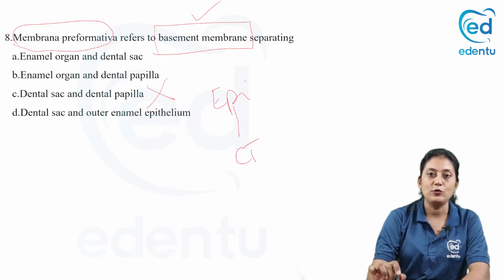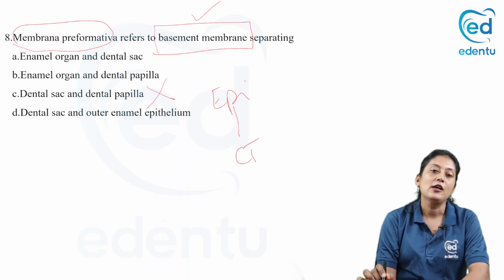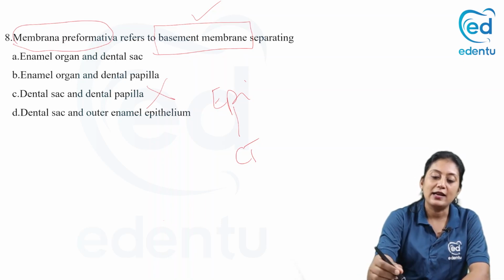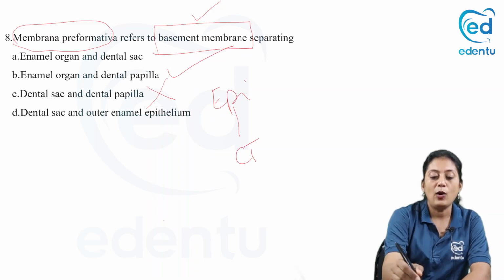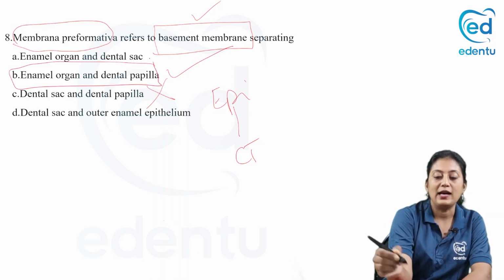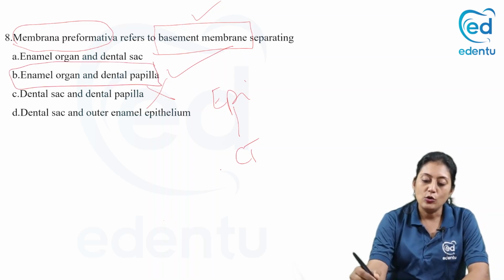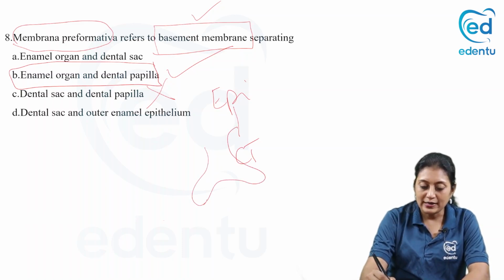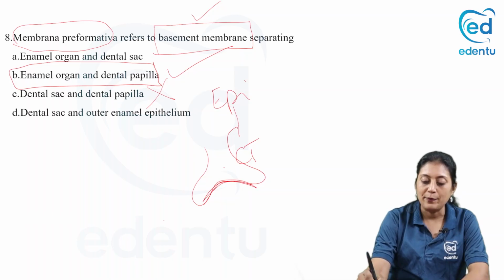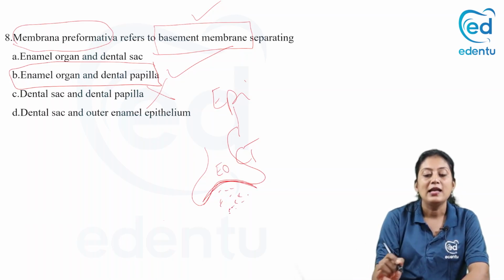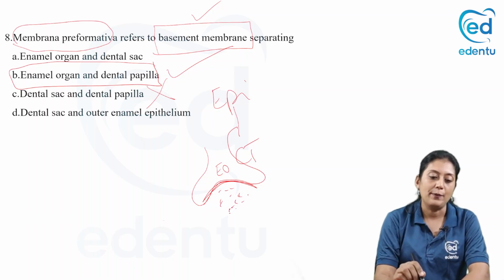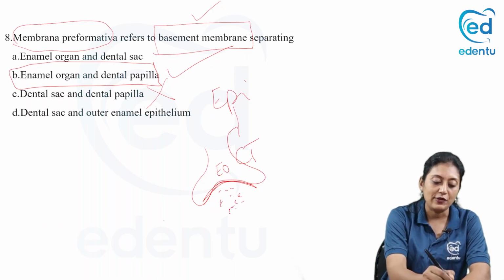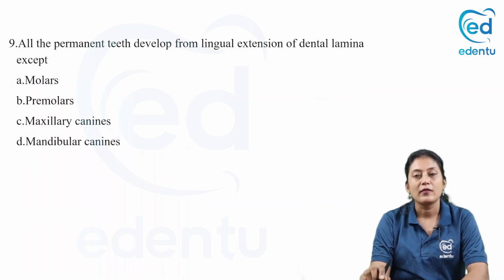So you have confusion between A, B and D. Which do you think is the right answer? The right answer is enamel organ and dental papilla. The basement membrane separating the enamel organ from the underlying dental papilla is what is called membrana preformativa. This is a very frequently repeated question for you.